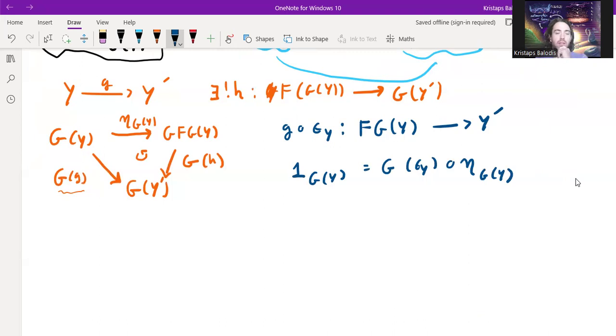And then that means that if I apply G to the composition with epsilon sub y, well, G is a functor, so it respects composition.